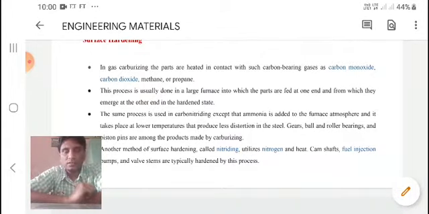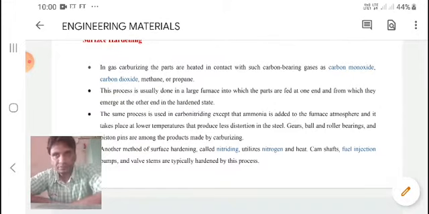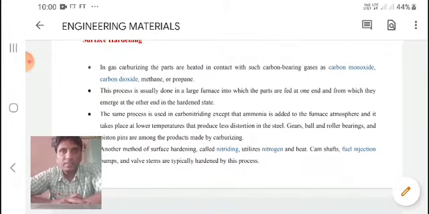So in gas carburizing, the parts are kept on a belt conveyor or a steel conveyor, and the conveyor is passed into the furnace.